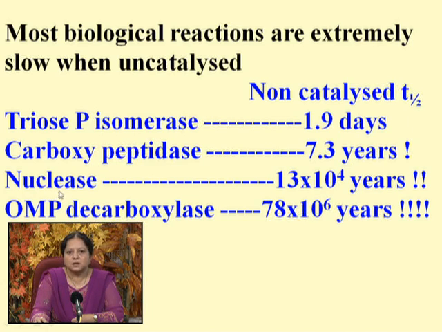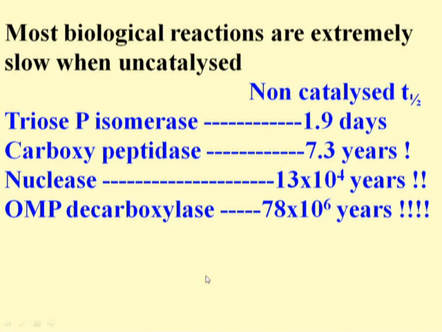For the enzyme nuclease, it takes several thousands of years for the reaction to get 50% completed, and certain other enzymatic reactions take millions of years to get even 50% completed. So this shows that many of the reactions which are of significance in life are extremely slow and the rates are incompatible with living systems.